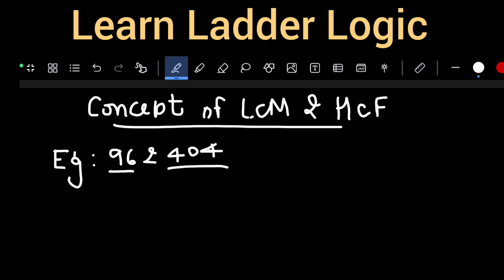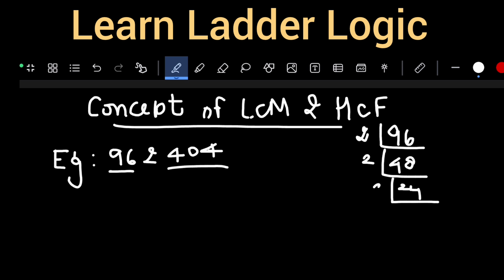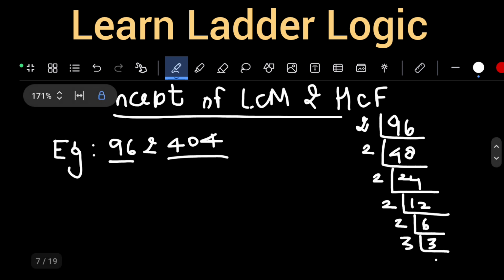I would like you all to do the prime factorization without seeing the video and comment down the answer. 96, 2 table because unit number is even number, 248, again 224, again 212, again 26, again 23, 3 and 1.